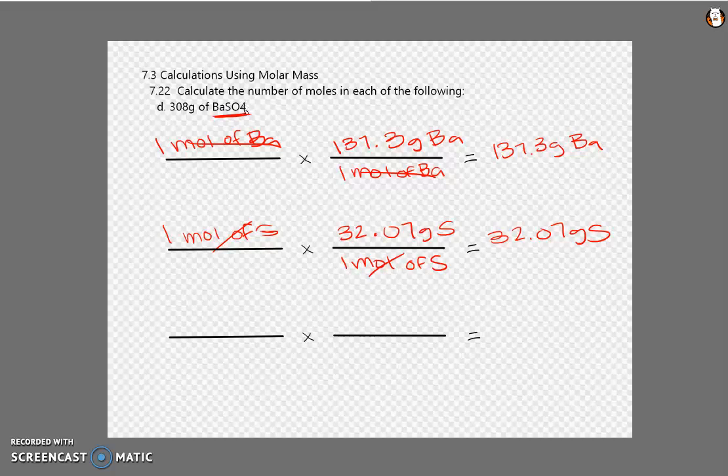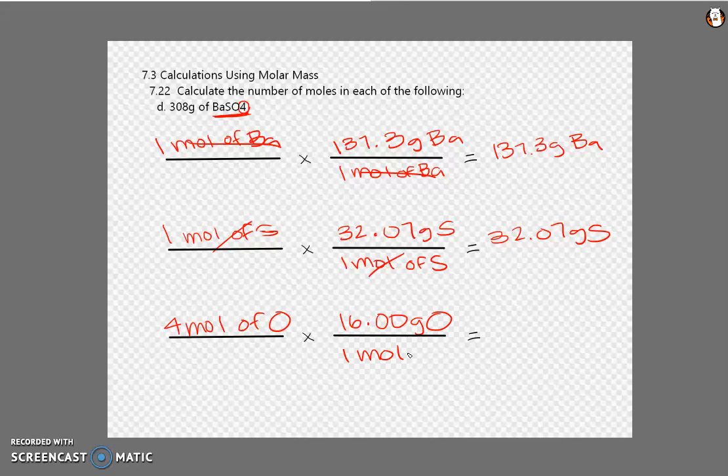Oxygen is where you have to do the real work, because it has a number next to it. It's going to be 4 moles of oxygen, and then you would multiply it by 16.00, because that's how many grams are in oxygen, and then 1 mole of oxygen. You can find this number by looking at the periodic table.